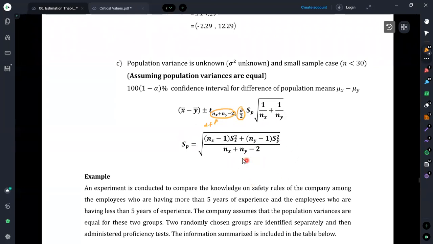The pooled sample standard deviation can be calculated using this equation.